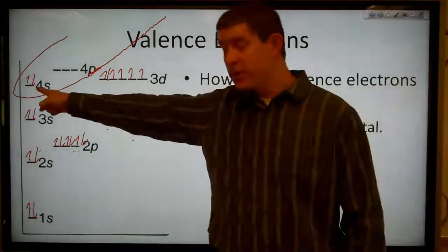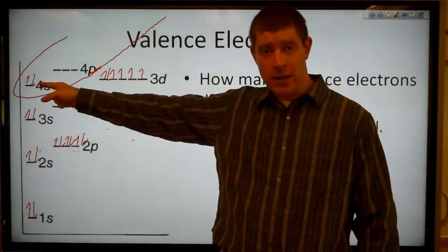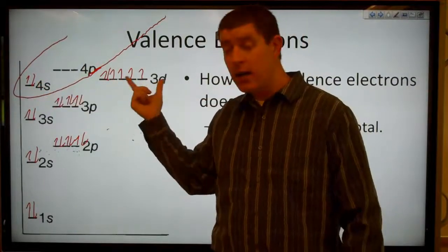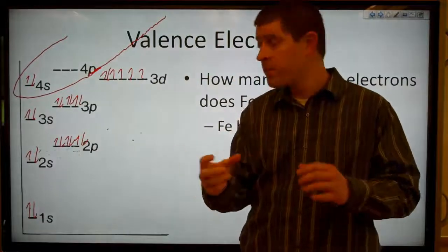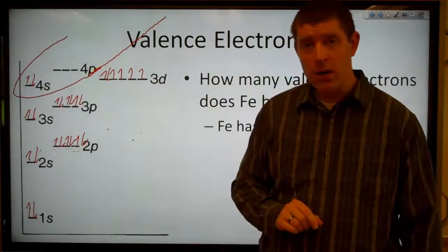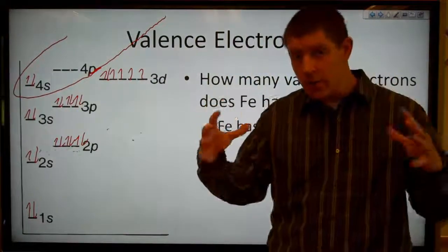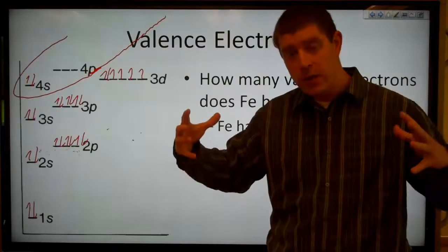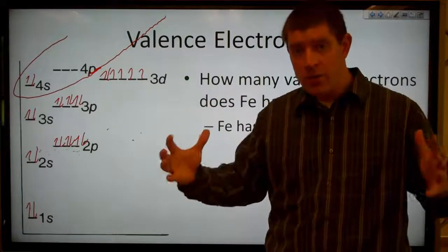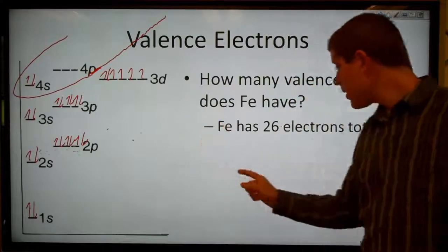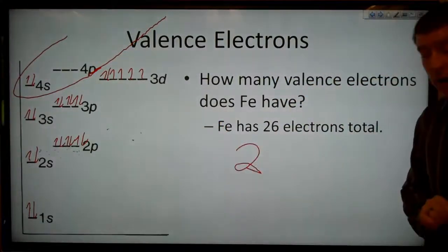But that 4s2, those are the ones that are on the outside. These 3d electrons are closer into the nucleus than the 4s are. So the 4s electrons, those are the ones that are on the outside. Those are the ones that are going to be involved with the chemistry. Those are the valence electrons. So iron has 2 valence electrons.